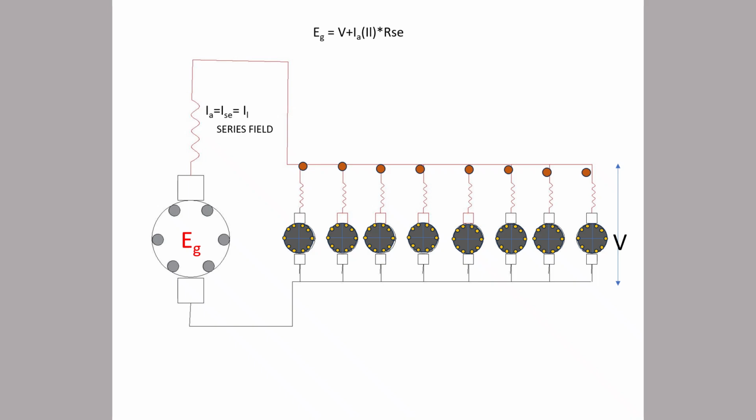Suppose a conductor is under the influence of the N pole; in which direction will the current be produced? When it is under the S pole, it will be reversed. Then it will become AC in nature. But with the use of brushes, we are neglecting it. How we are converting it into DC will also be discussed in future. So this is the basic idea.